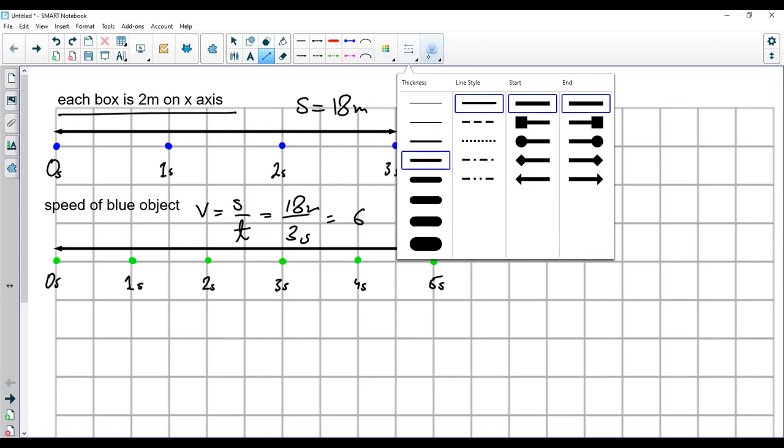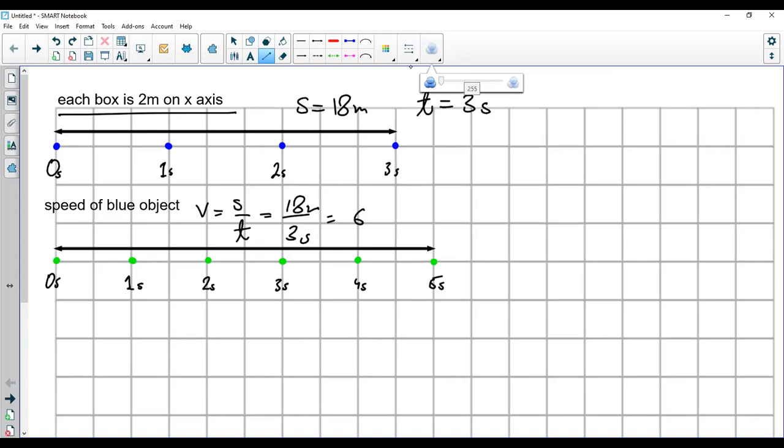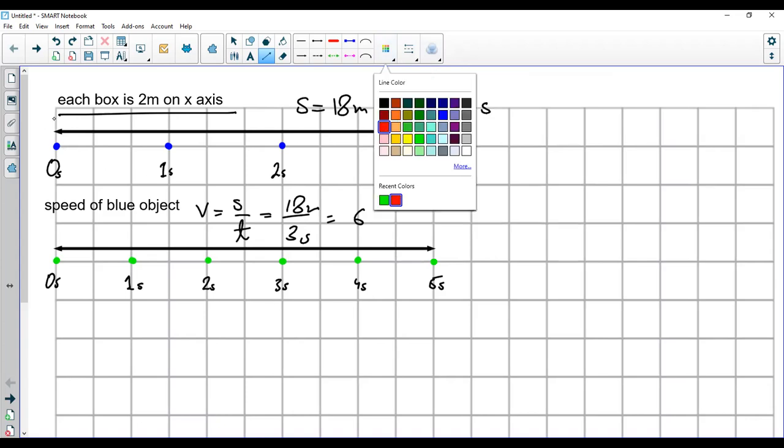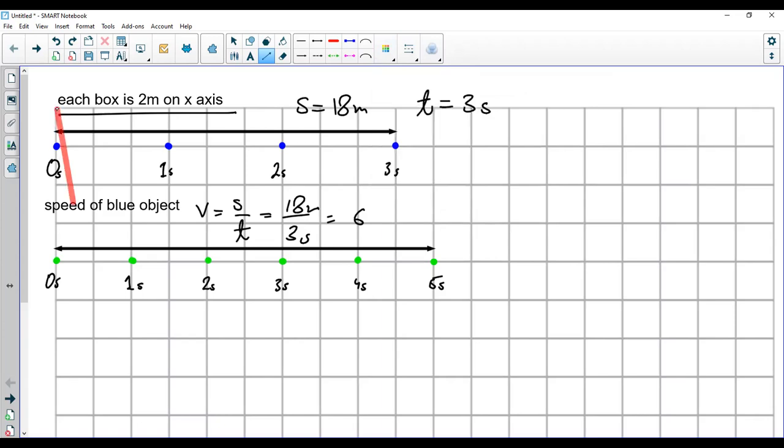Just a second. Okay. So that's their starting position at 0 meters, right? This red line is showing 0 meters, right? So they were at the same position.